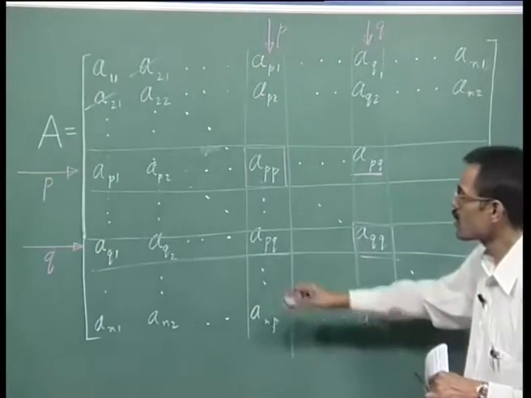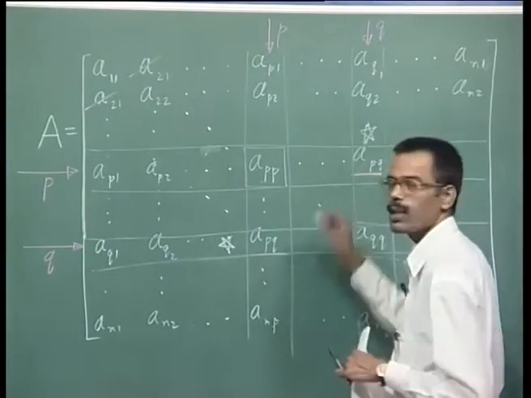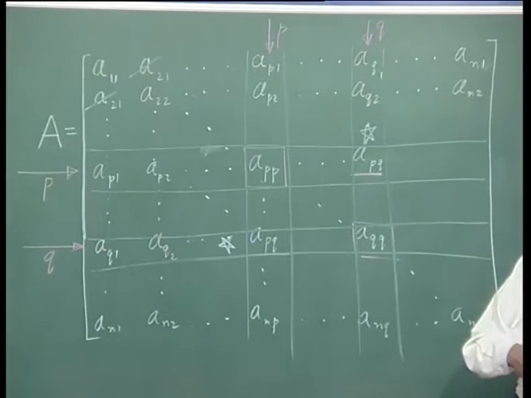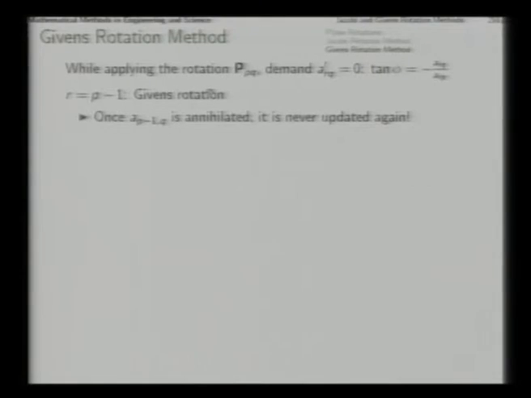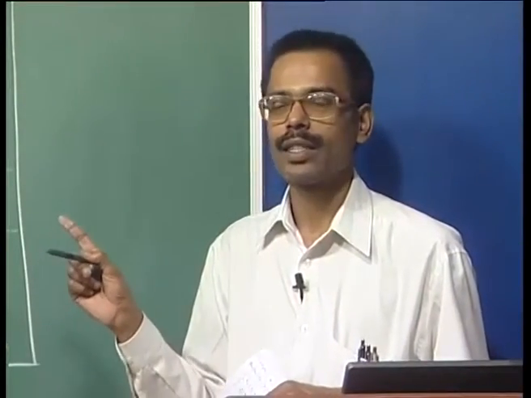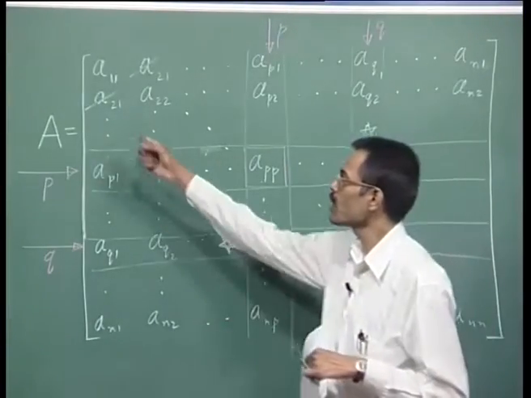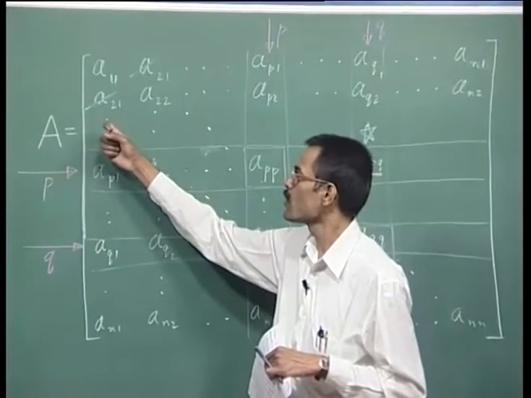So this choice of element for the annihilation process gives you the method known as the Given's rotation method, which means that A_(P-1)Q is annihilated, and the advantage of this particular annihilation is that in the subsequent rotation transformations this is never updated again, because if you then start the sweep, you will not be starting the sweep from here, but you will be starting the sweep from here.